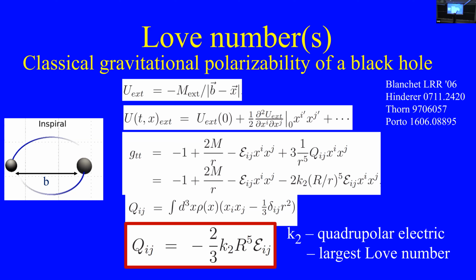So it's the complete analog of electric polarizability. There are numerical factors and a sign that are conventions, so that the Love numbers for neutron stars come out to be positive.